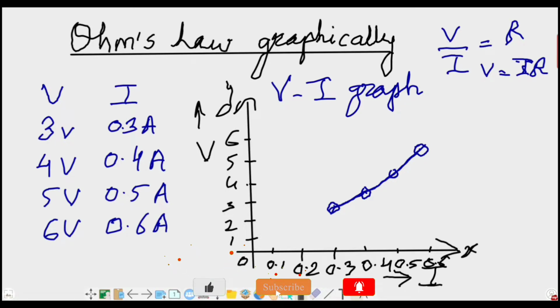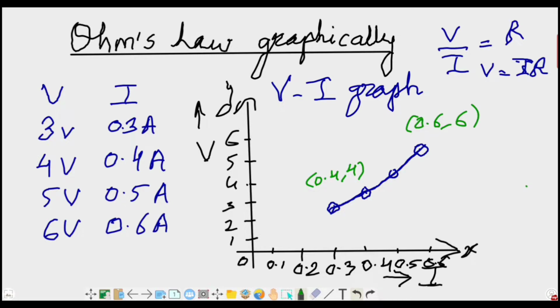Suppose I am taking any 2 points on this. First, we always write the x coordinate. So this is 0.4, 4. And suppose the last point I am taking is 0.6, 6. This is my x1, y1. This is my x2, y2. You have done in maths how to calculate the slope.